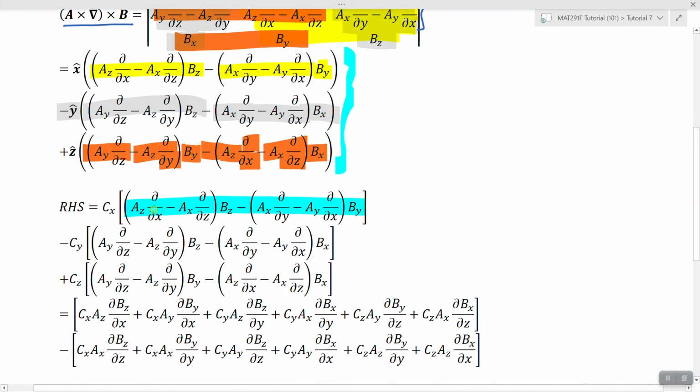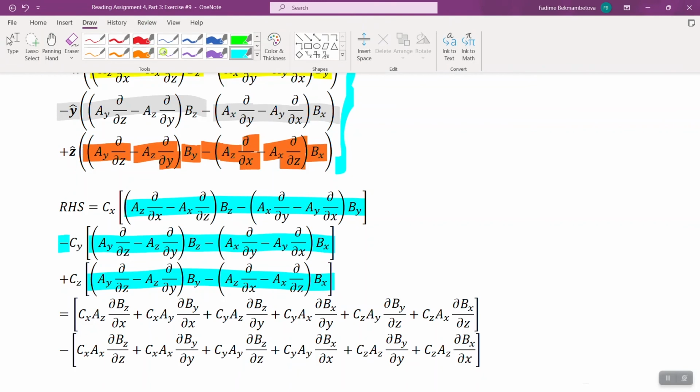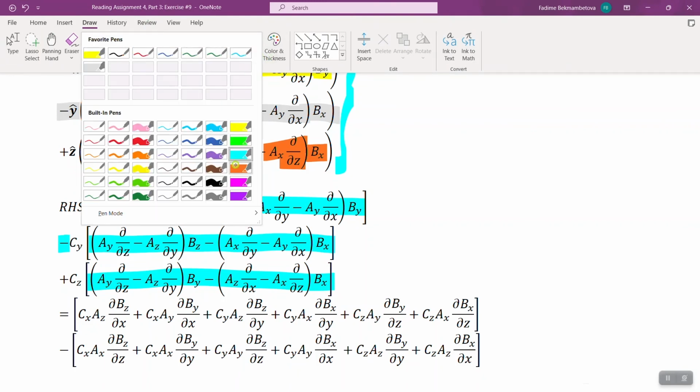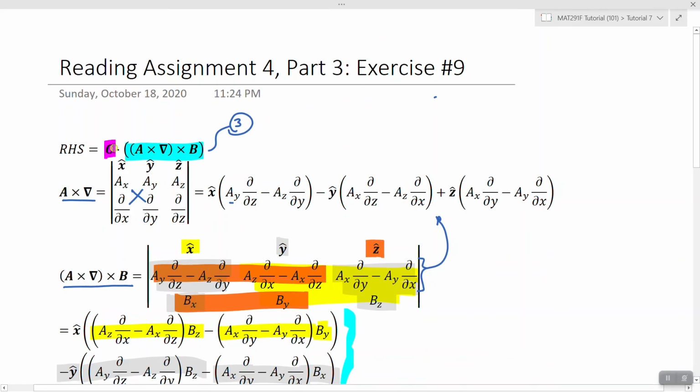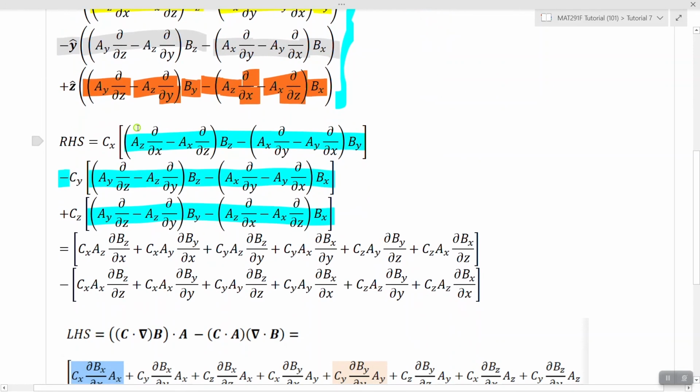This is the x component, this is the y component, and this is the z component. And I take a dot product. Well, there's also this minus over here. And then I take a dot product with c. So this would give you cx, cy, and cz. Remember, the result of a dot product is a scalar.